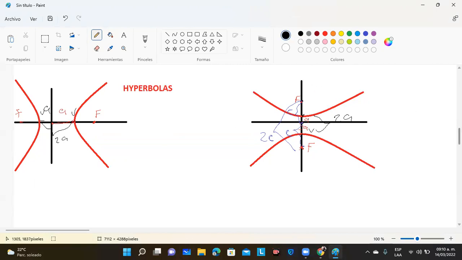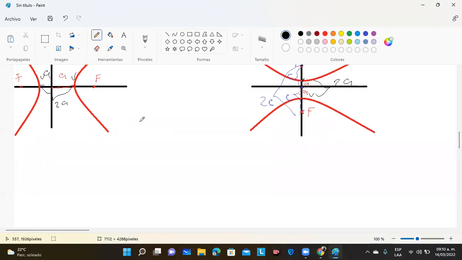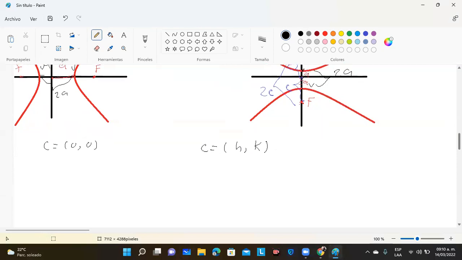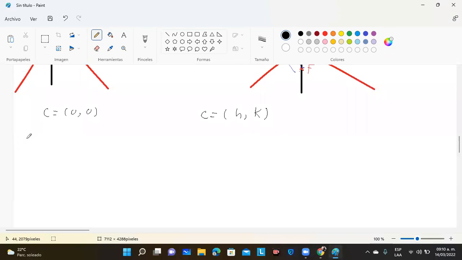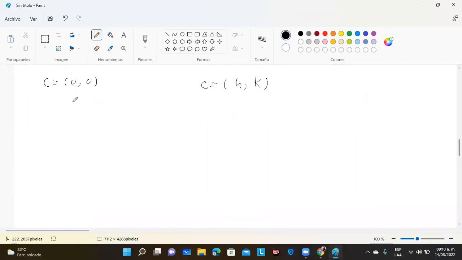So now let's make the summary of the equations and see what happens when it's not centered in the origin. So when we have the equation centered in the origin, and when we have the equation centered at h comma k. Okay. So now the equation for this hyperbola, the one that opens right or opens left, is going to be x squared over a squared minus y squared over b squared.